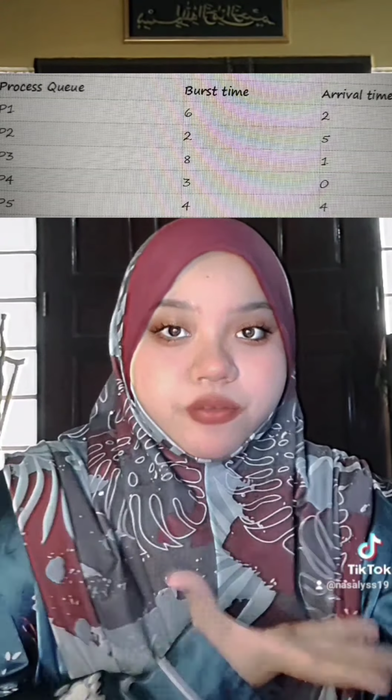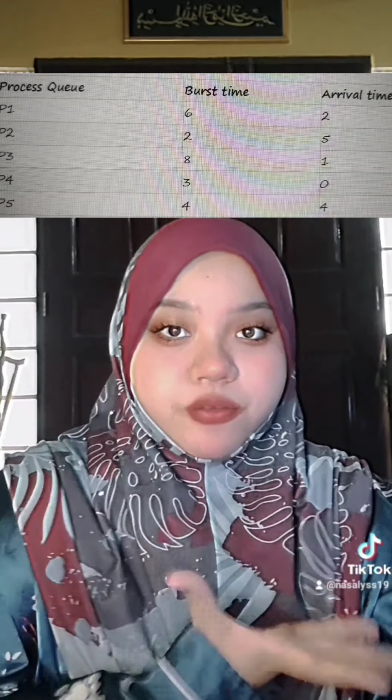Next, at time 2, process P1 arrives with a burst time of 6 milliseconds. The burst time is longer, hence P4 will continue execution, because a burst time of 6 is larger than P4's remaining time.